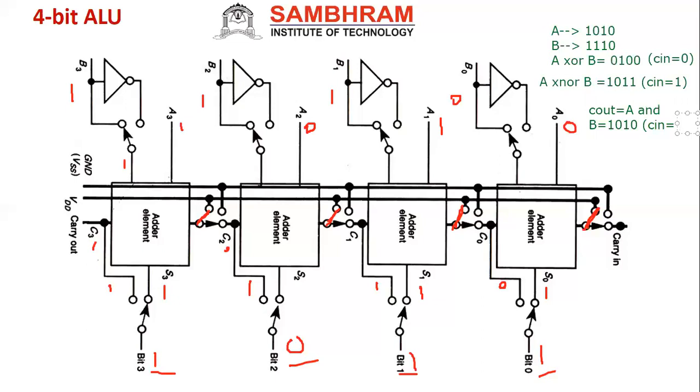So now we have to cross this. Now what will I do? Same thing. Let me do. Cin is equal to 0.